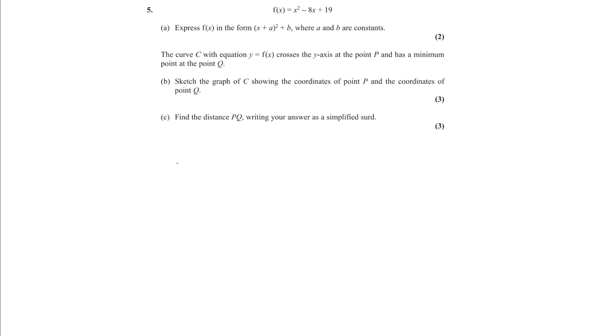In order to do this, we can multiply out the form that they want the function to be put into. So we have f(x) = (x + a)² + b. If we multiply out the brackets here, we get x² + 2ax + a² + b. We can now compare this to what we know the function really is.